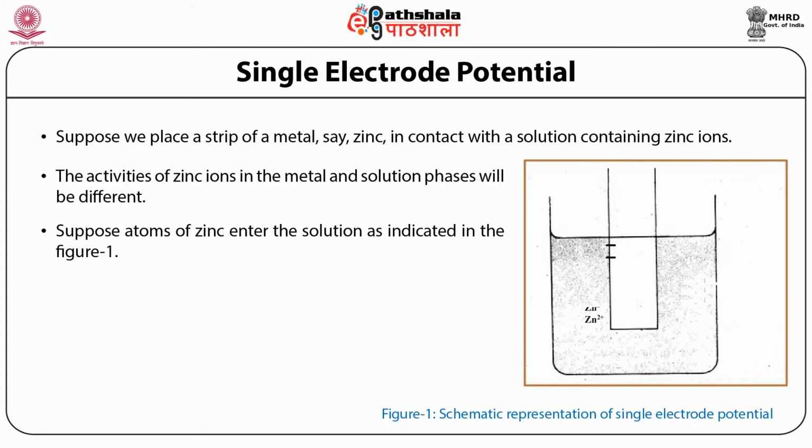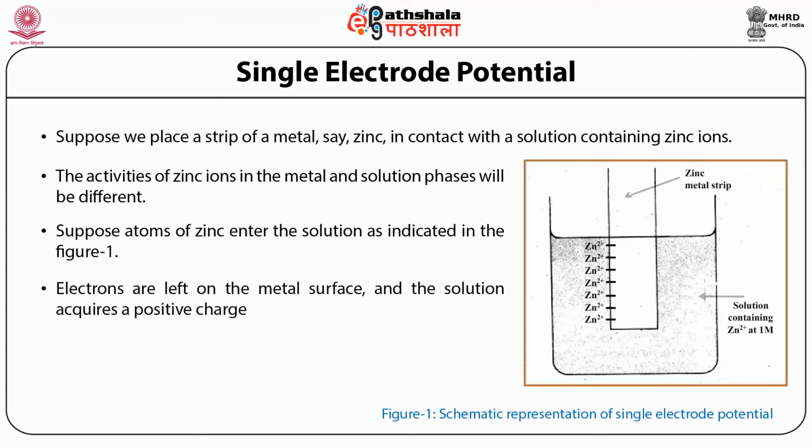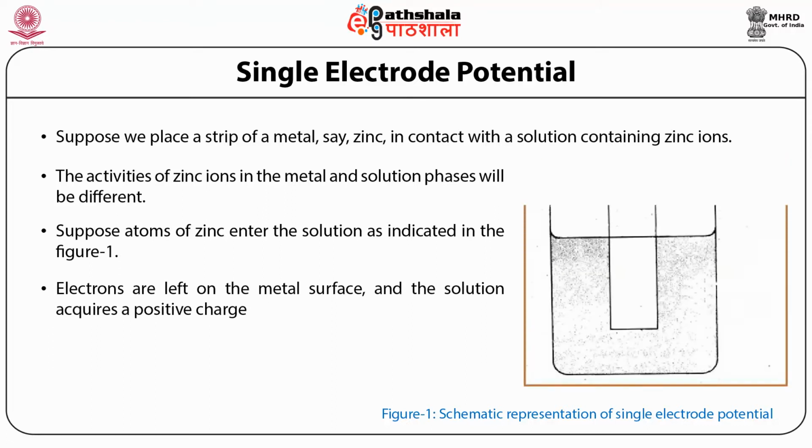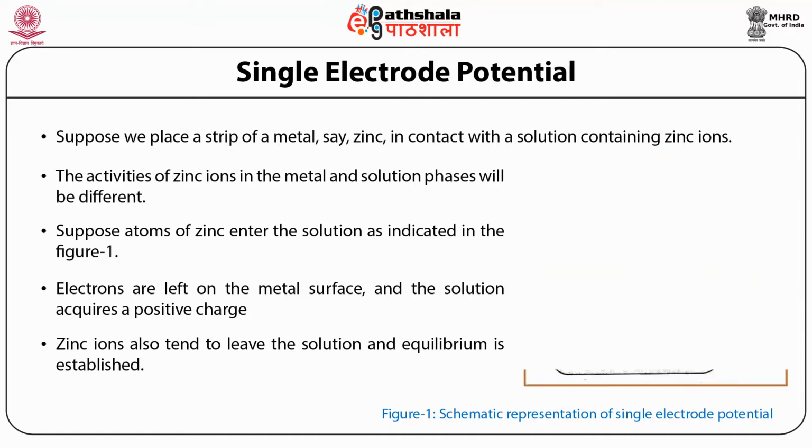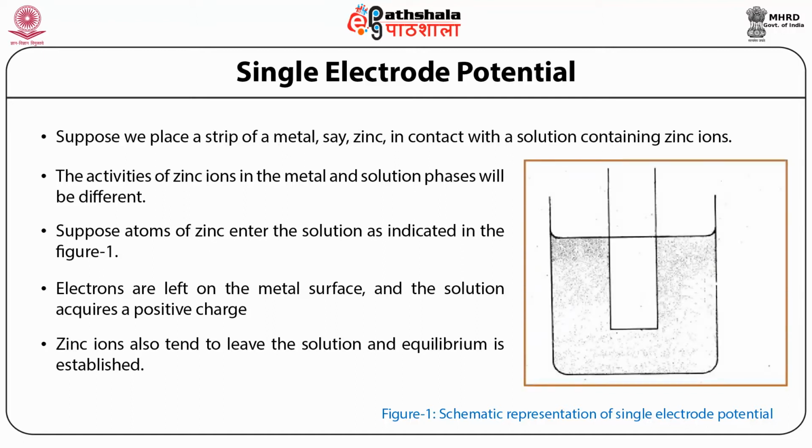Suppose atoms of zinc enter the solution as indicated in the figure. The electrons are left on the metal surface and the solution acquires a positive charge. The zinc ions also tend to leave the solution, depositing as atoms on the metal strip, and eventually equilibrium is established. This is the figure of single electrode potential.